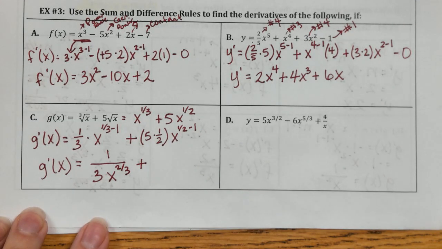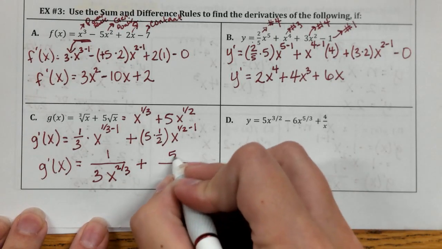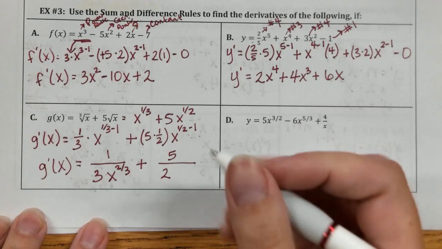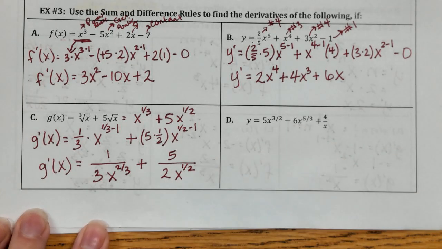Over here, I have 5 times 1/2, which is 5/2. And then that's going to be x to what power? Negative 1/2. So we're going to do the same thing and put that in the denominator.